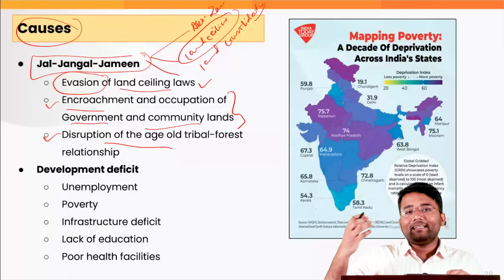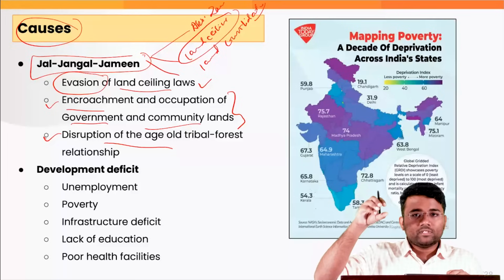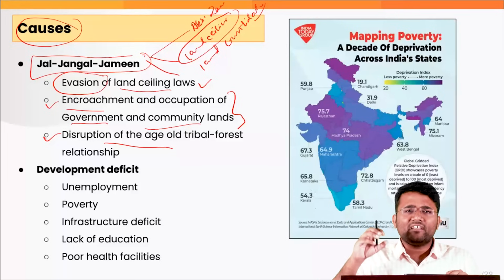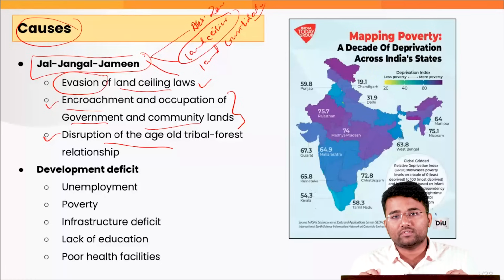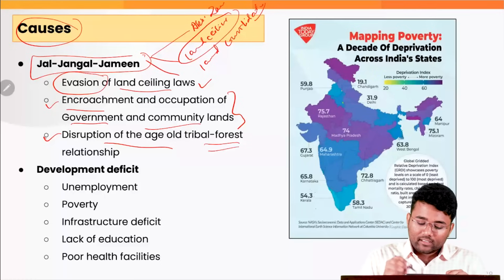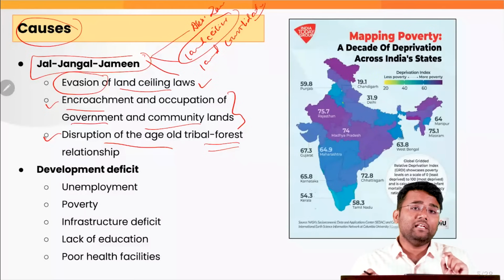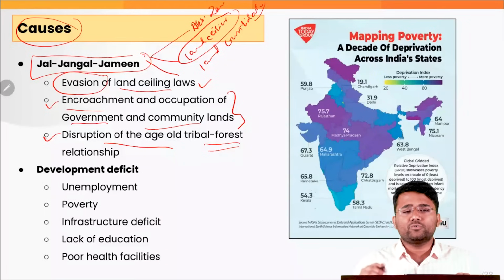Now they can't extract all the resources from the forest itself. Several restrictions and limitations were imposed, and this also made them feel disturbed, and they were attracted towards this ideology of left-wing extremism.